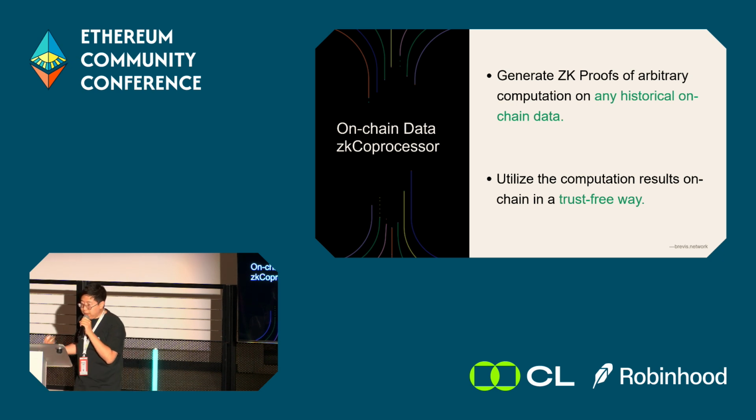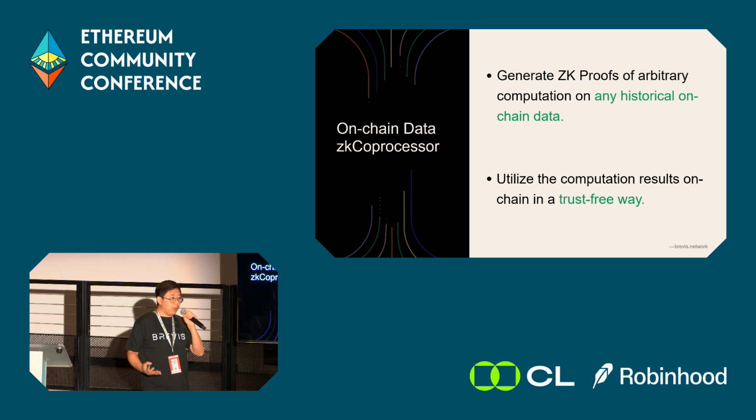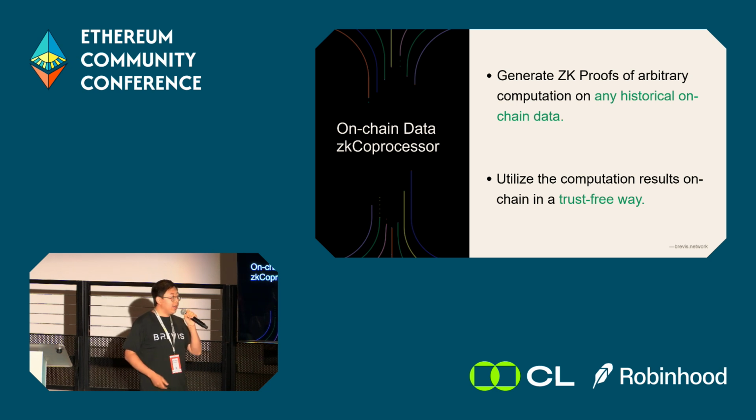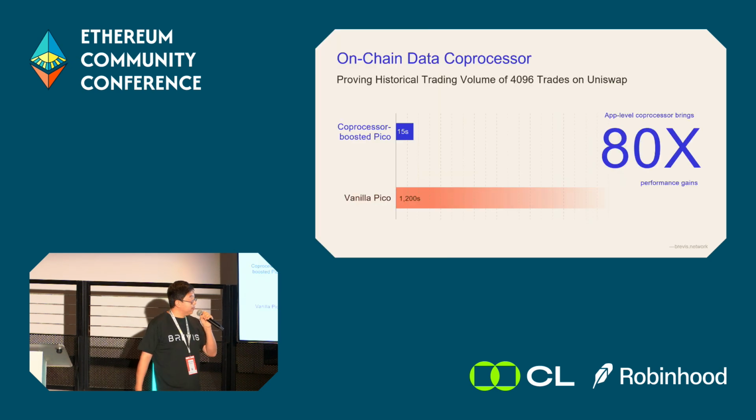From a developer's point of view, they are just calling a packaged SDK API, and underlying that, the zkVM offloads this application-level computation to a specialized system where a result can be returned and utilized in the zkVM again.